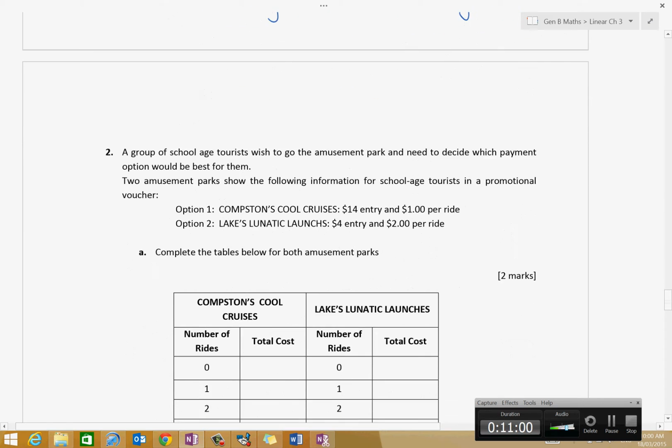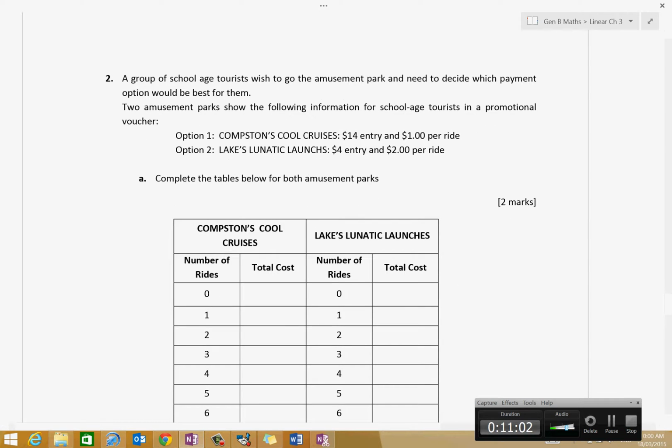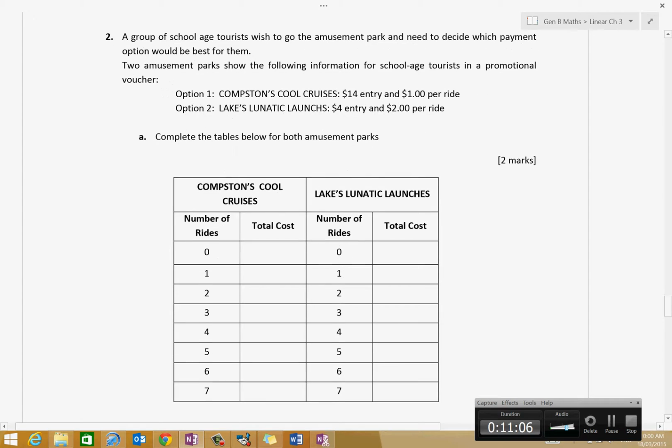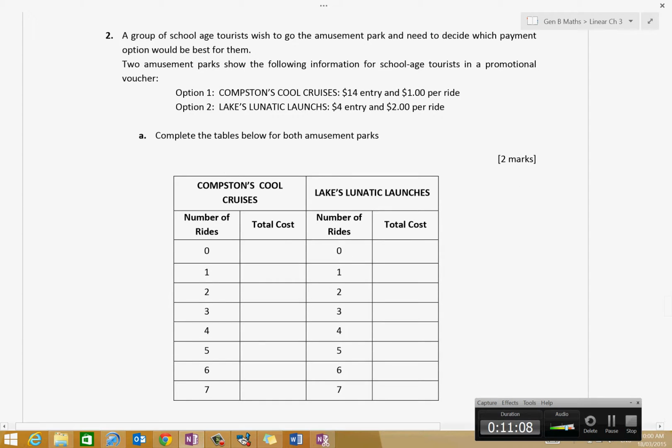Okay, a group of school-age tourists wish to go to the amusement park and need to decide which payment option is best. Now it says Compston's charges $14 per entry and $1 per ride. So no one rides, still cost you $14. But for every ride, it's increasing by $1. So therefore, if it's increasing by every one, it's going up one.